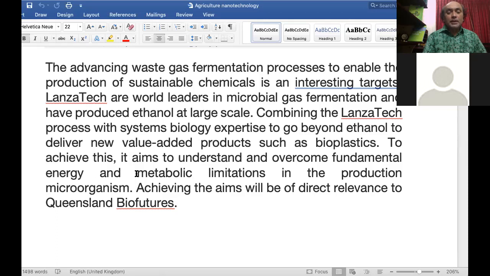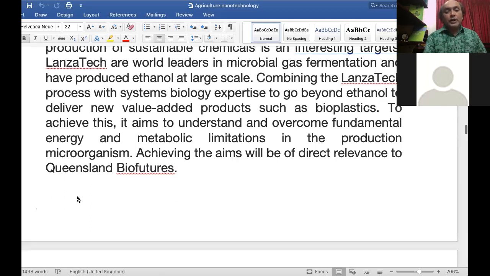To achieve this, it aims to understand and uncover fundamental energy and metabolic limitations in the production microorganism. Achieving the aim will be of direct relevance to Queensland Biofutures, but any country, any laboratory can do that.